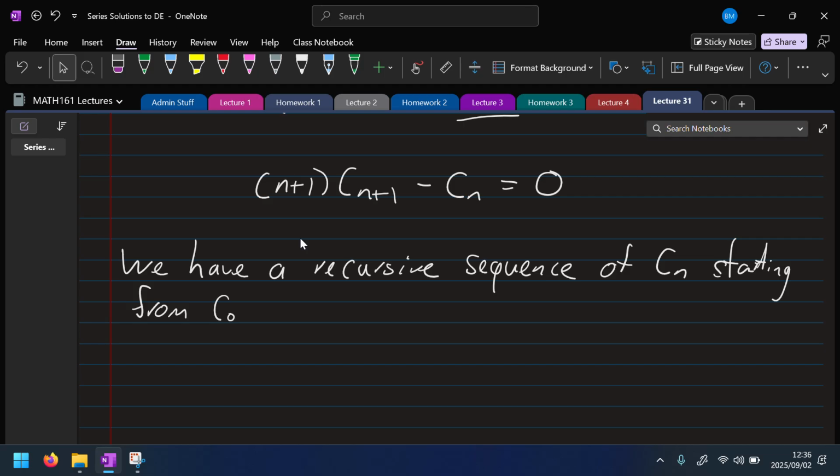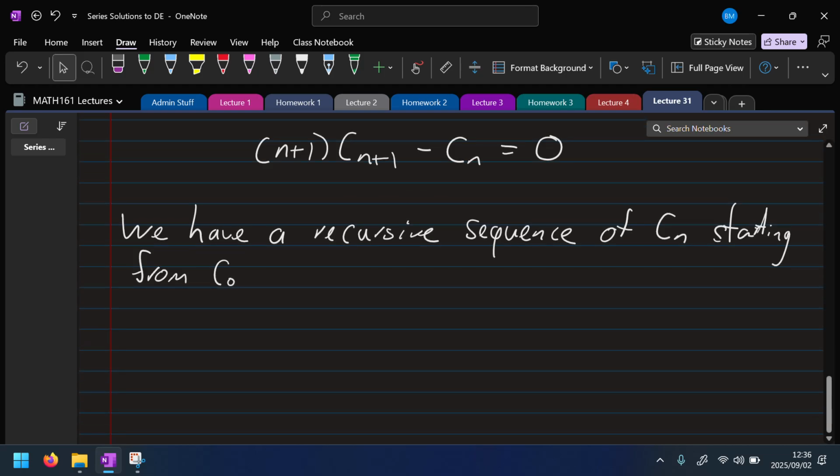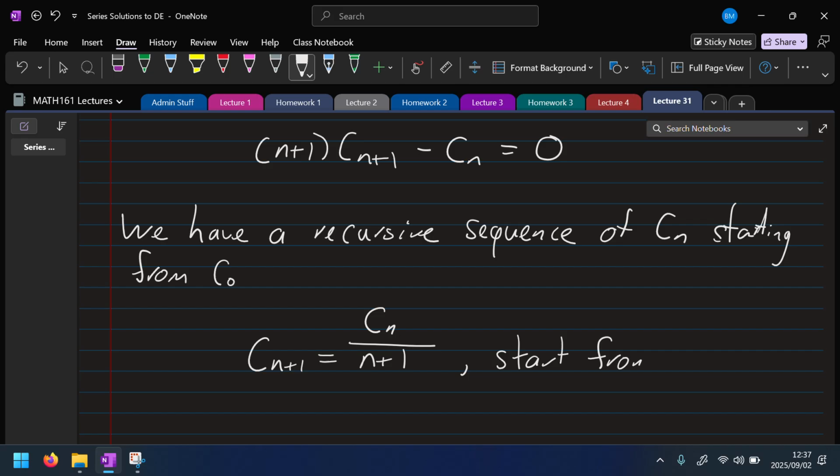Once we have C1, we can then find C2, and so on. Okay, so here we can write Cn plus 1 is equal to, we can take the Cn over to the other side, and then divide by that n plus 1 we have in front. Okay, and again, we start from C0. Or you can say start from n equals 0. It's the same thing.